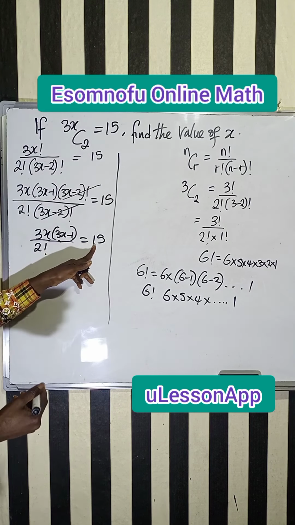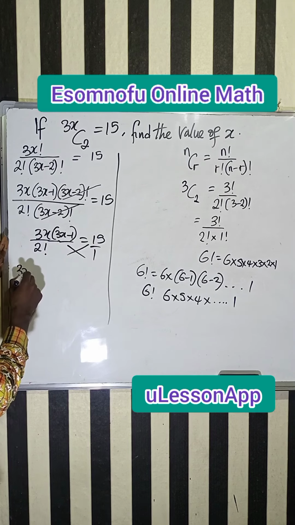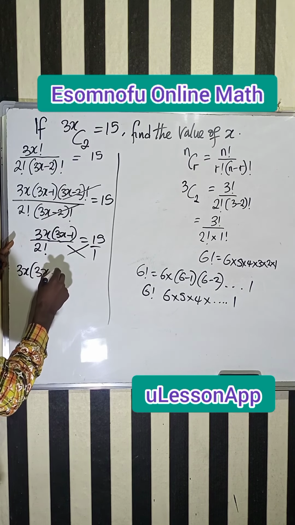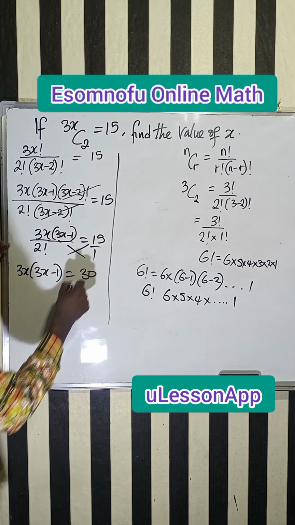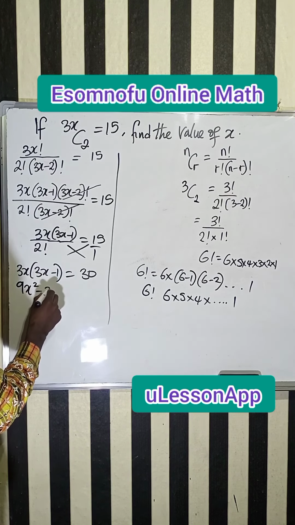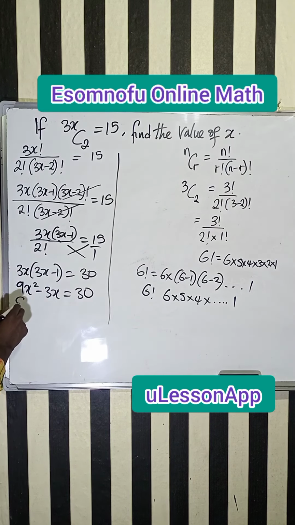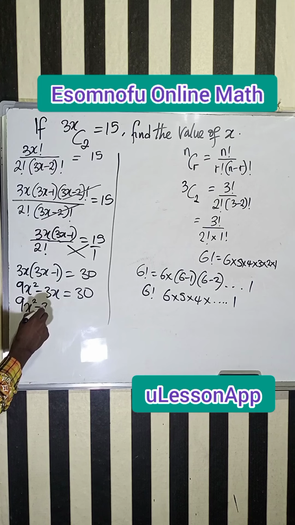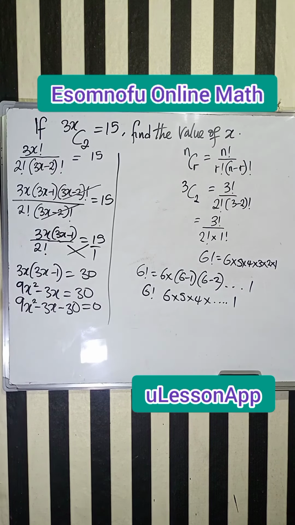Now, 2 factorial is the same thing as 2 times 1, which is 2. And when this multiplies 15 here, by cross multiplication, we shall have that 3x into 3x minus 1 is equal to 30, because 2 times 15 is 30. Now, we can open the bracket. 3x times 3x is 9x squared. 3x times minus 1 is minus 3x, equal to 30. So we can still write it as 9x squared minus 3x minus 30, everything equal to 0.